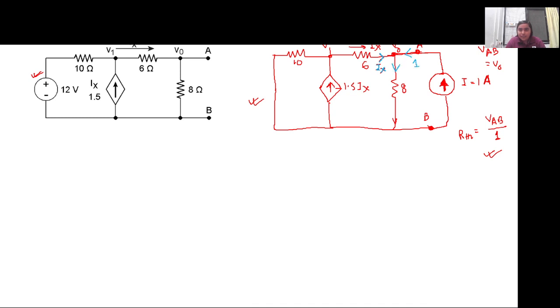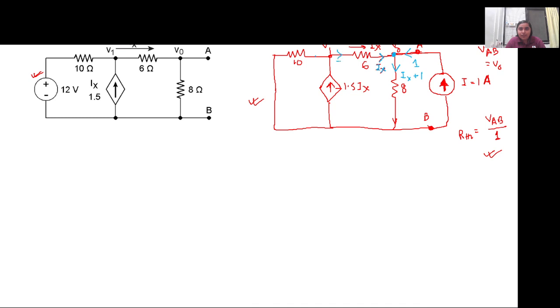So by using KCL at V0, we will get the current flowing here. If we apply KCL at node V0, it is 1 plus Ix. Now in this particular branch, what will be the current?